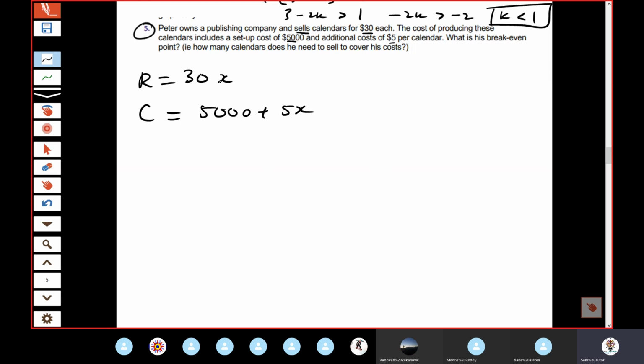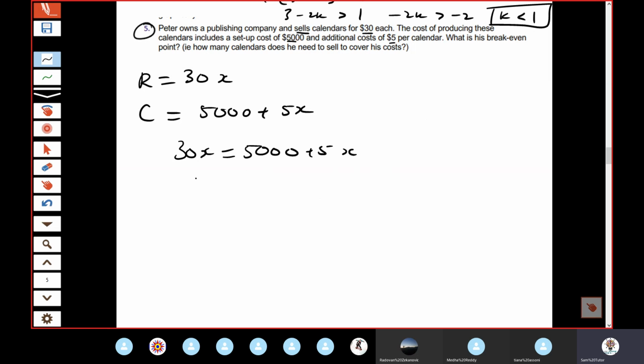If you guys were going to open up a cupcake business tomorrow, you'd say, okay, it's going to cost me $5,000 plus $5 for each cupcake, but I can sell them for $30 a cake. How many do I need to make just so that I can say I'm even? I'm not losing money, I'm not making money. You would say, of course, 30x equals 5,000 plus 5x. Like I said, your revenue must equal your cost.